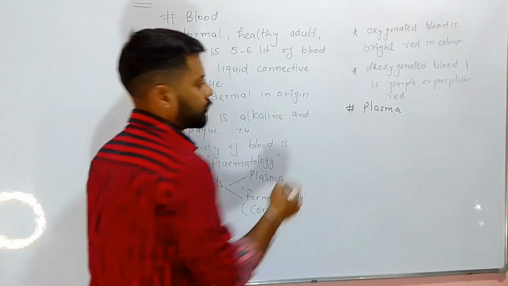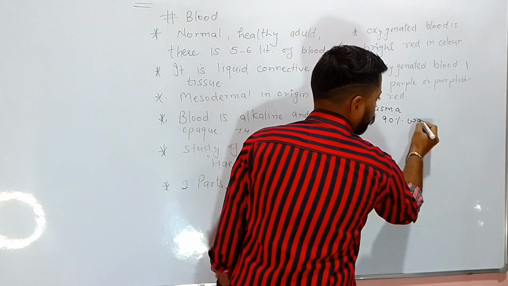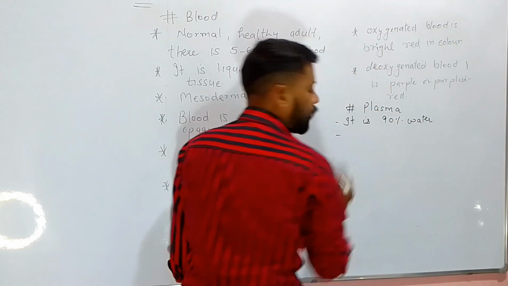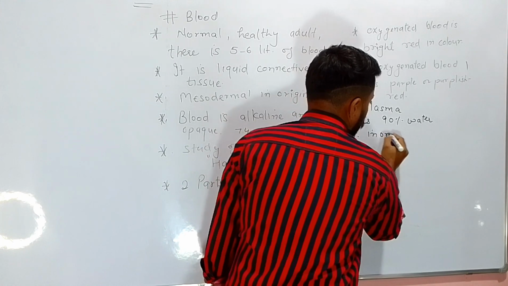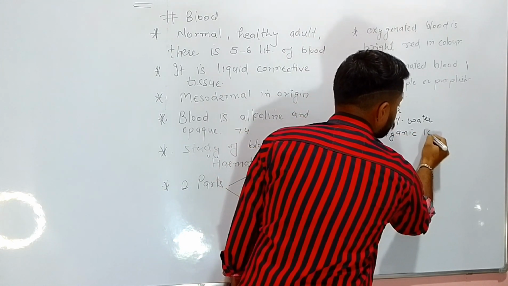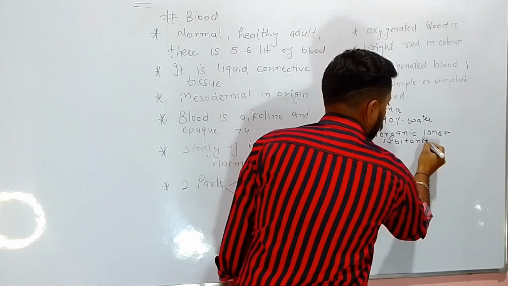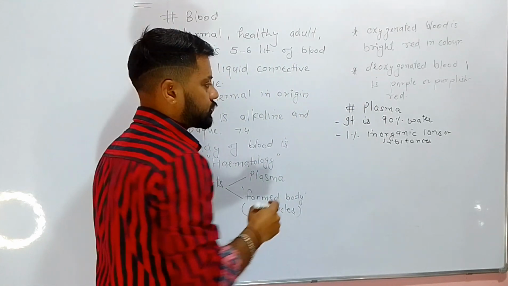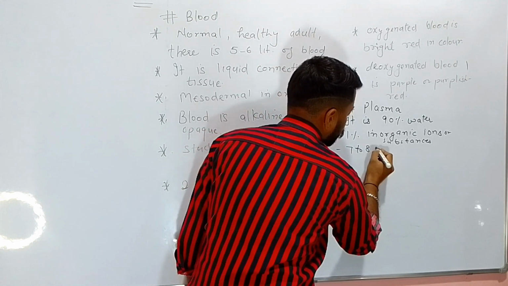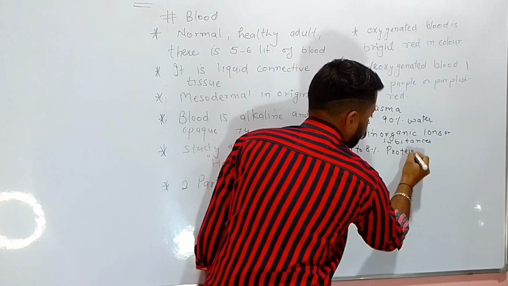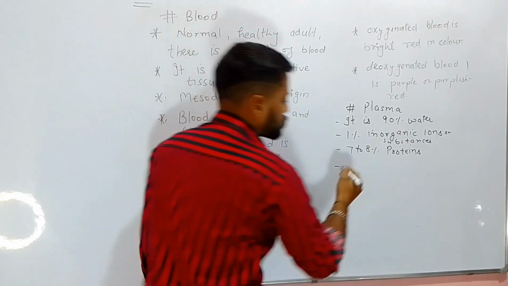Plasma is mainly water, about 90% water, about 1% inorganic ions or substances, about 7 to 8% proteins, and the remaining 1 to 2% are all other things.